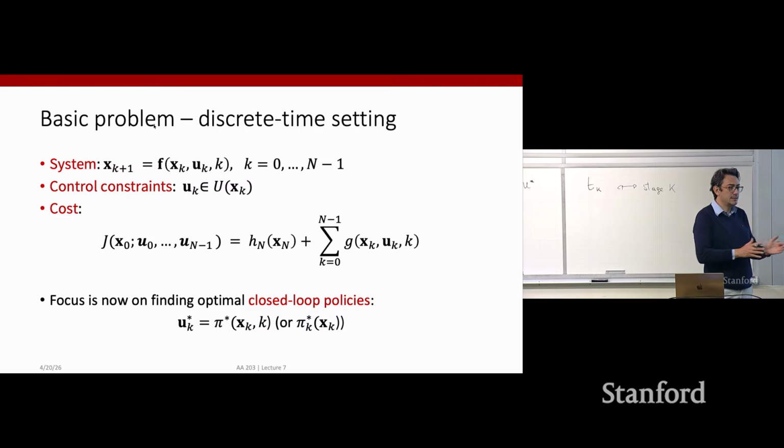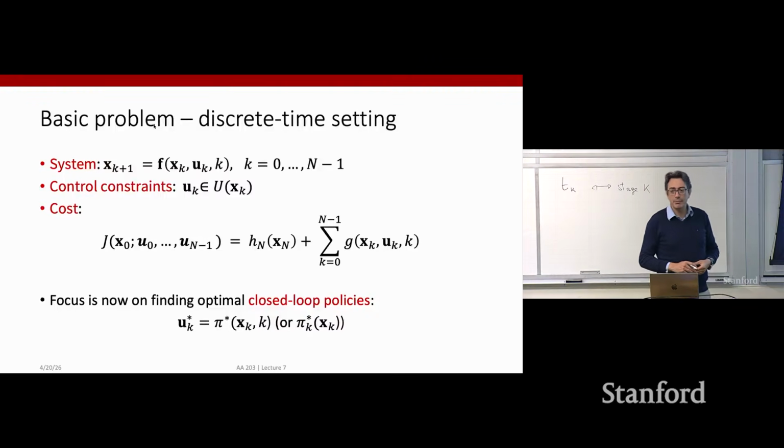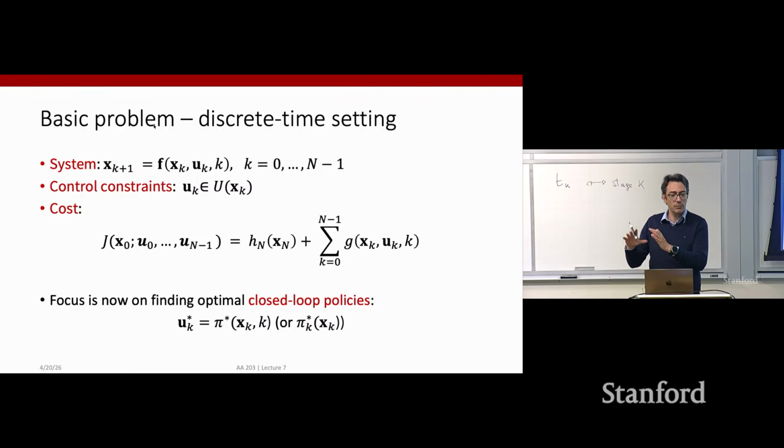Now that we discretize time, we have to discretize our update equations. That is the mathematical formalism that allows us to map the current state and control into the next state. In the original optimal control formulation, that was given by an ordinary differential equation.